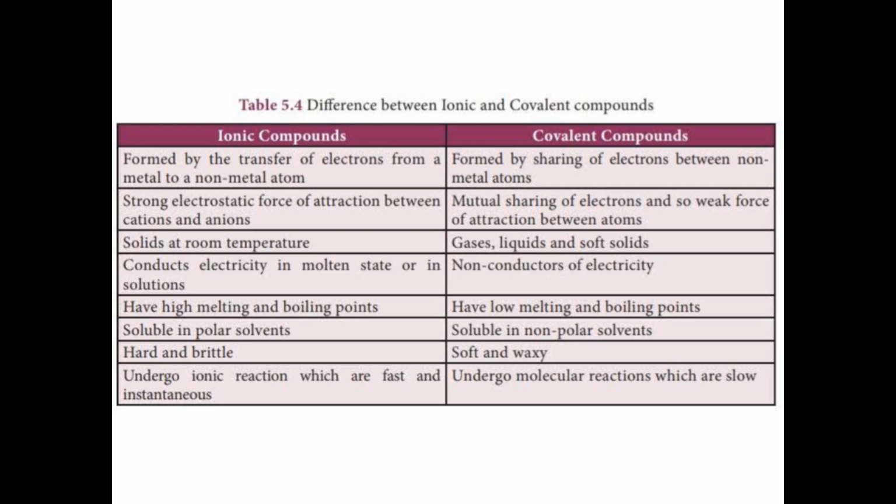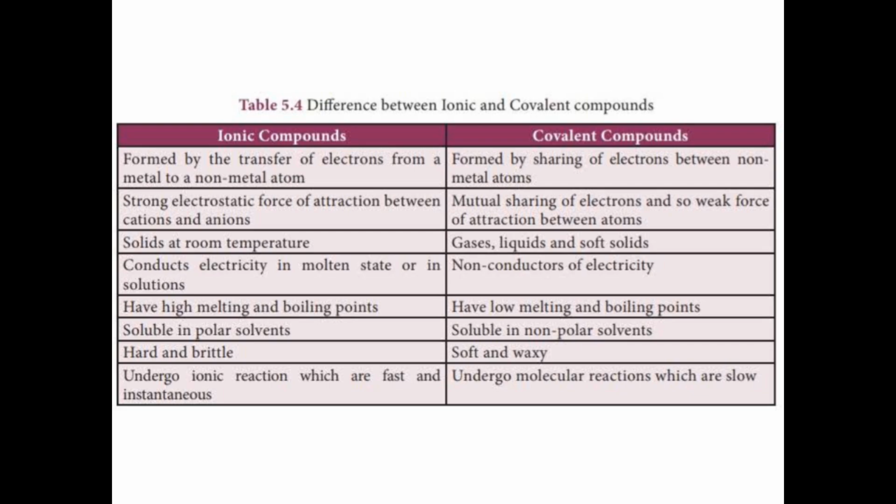Another one is that ionic compounds are usually solid at room temperature. Covalent can be gaseous, liquid, and soft solid, respectively. Ionic compounds can conduct heat and electricity, and covalent compounds are poor conductors or non-conductors of heat and electricity. Ionic compounds have high melting and boiling points. Covalent compounds have low melting and boiling points. Ionic compounds are soluble in polar solvent.